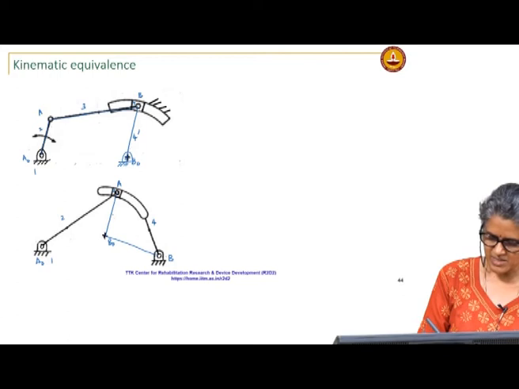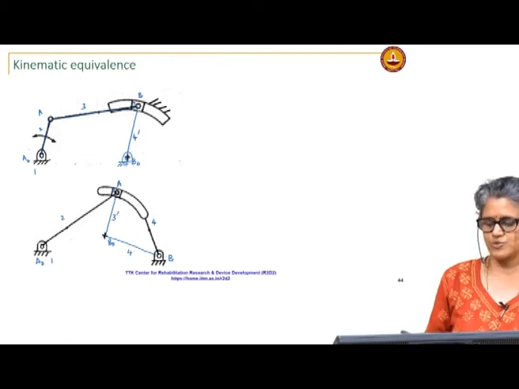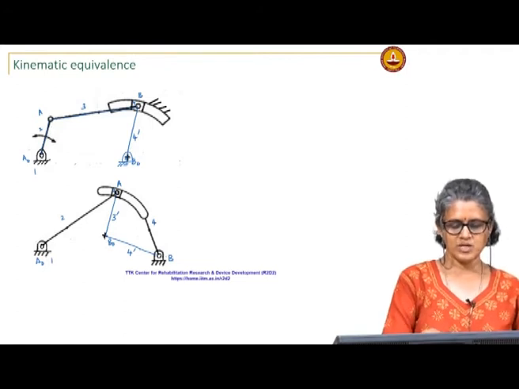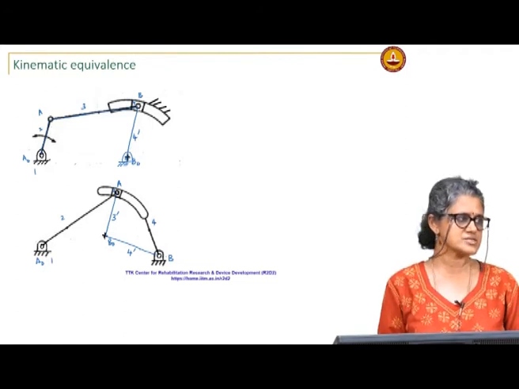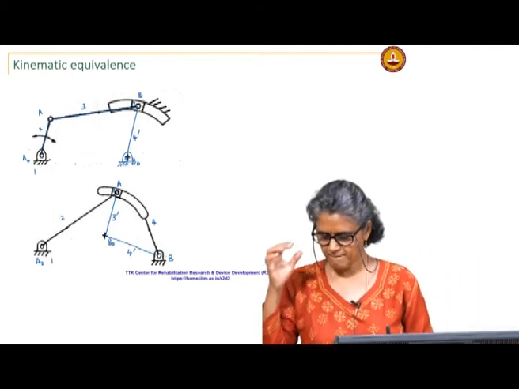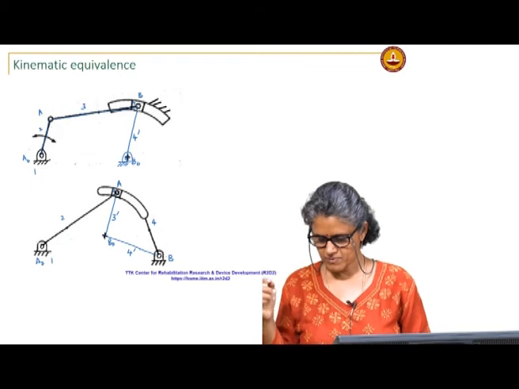Now, this is my 3 dash, this is my 4 dash. The equivalent 4 bar would be 1, 2, 3 dash, 4 dash. Okay.